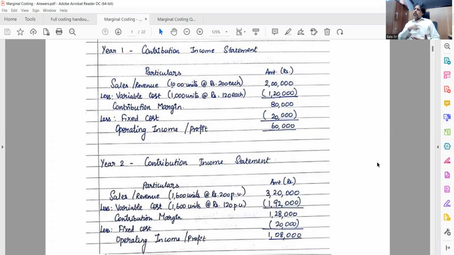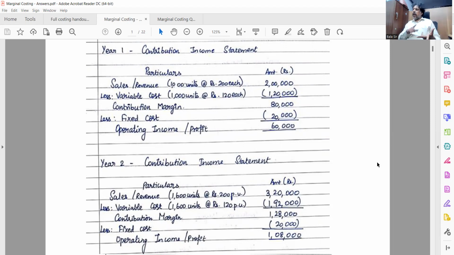And variable cost, that means the variable cost of producing each unit, will include your cost of direct material, direct labor, and other variable overheads. All put together, rupees 120 per unit, and that into 1,000 units produced and sold translates to 1,20,000 rupees.